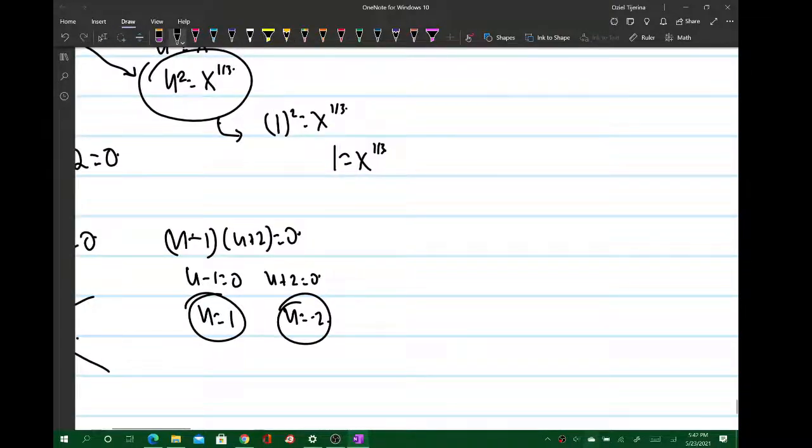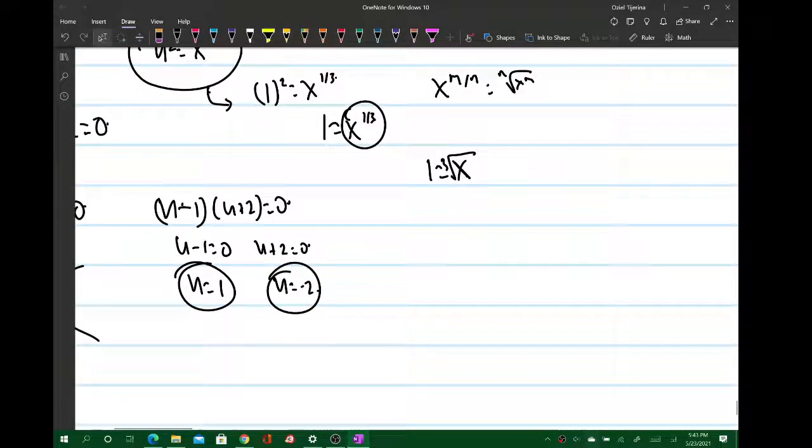Now, we can turn this into radical form. Because this is of the form x to the m over n, that means we have the nth root of x to the m, so 1 equals the cube root of x, right? So if we cube both sides, x equals 1, right?